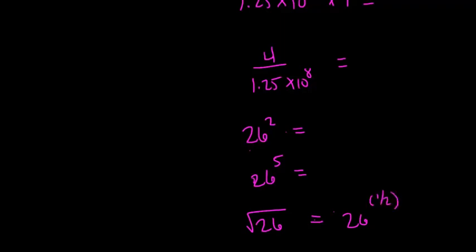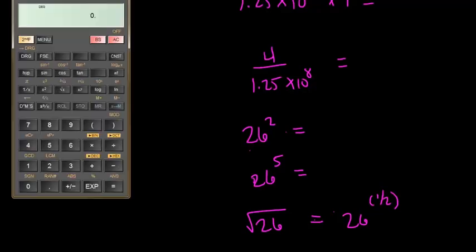Okay, so you can figure out the square root of something even if you don't have a square root button on your calculator. So in this case, we would do 26, click the x to the y button, to the power of, now use your parentheses, so parentheses 1 divided by 2, so 1 divided by 2 is 0.5, we click equals, this gives us the square root of 26.